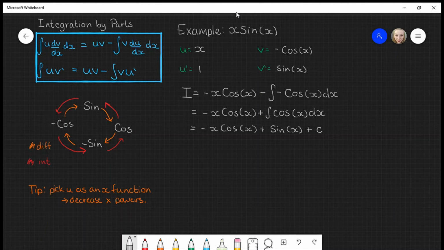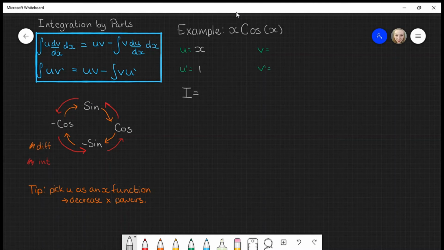Let's do example 2. x cos x. x is the same as before, we've left that as u, but v dash is cos x instead of sin x. Therefore, when we integrate cos x, we get sin x. Matching them up with the formula, x sin x minus the integral of v, which is sin x, u dash, which is 1, so it's minus the integral of sin x.